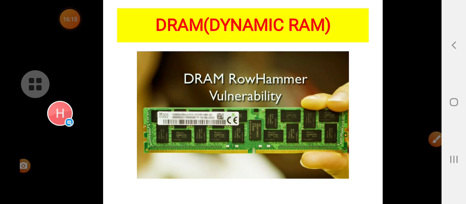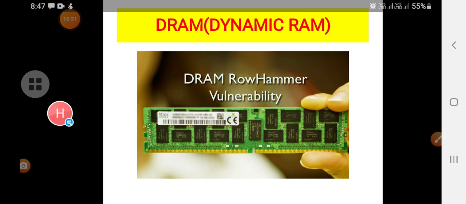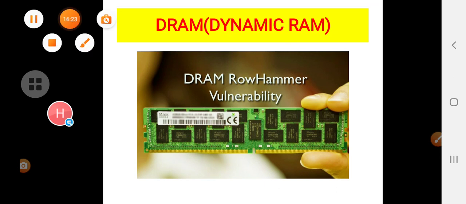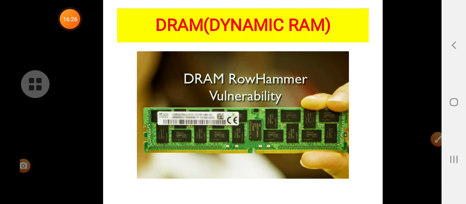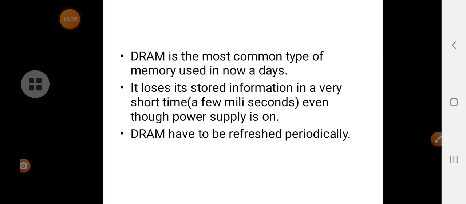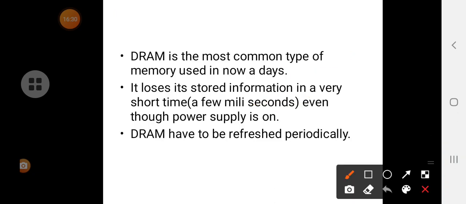Next is DRAM. This DRAM is the most common type of memory used nowadays. This is the memory we are going to use regularly these days.